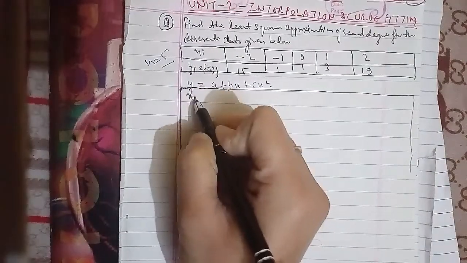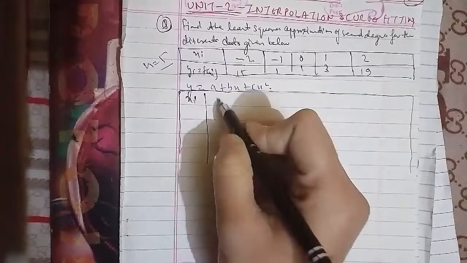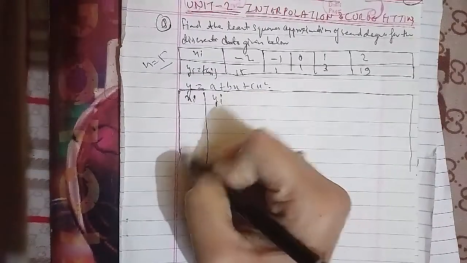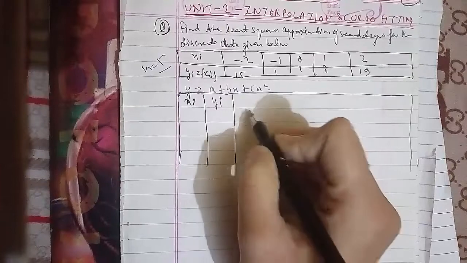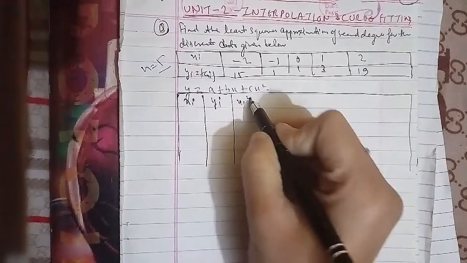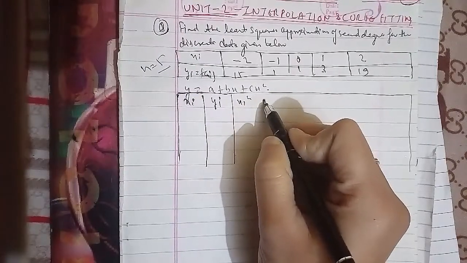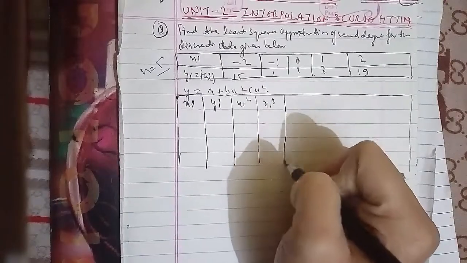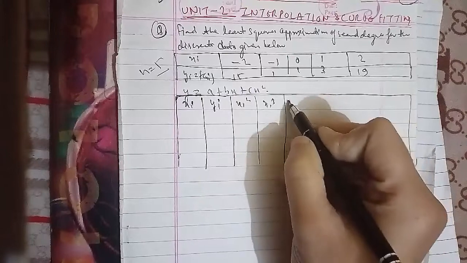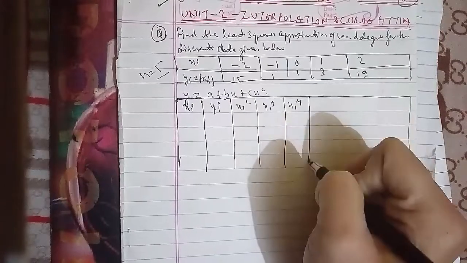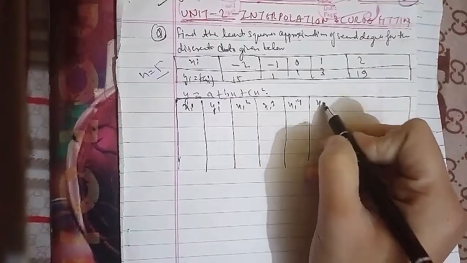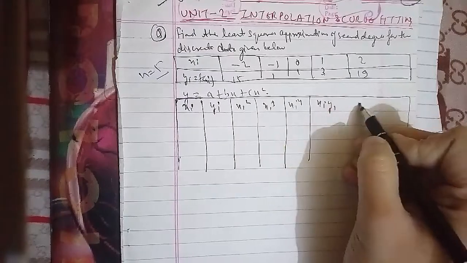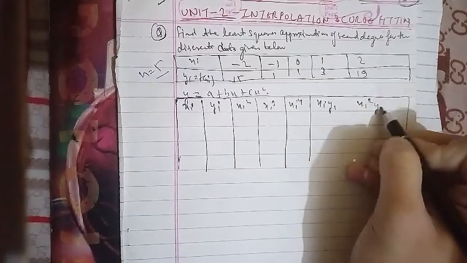This is your xi, yi, xi square, xi cube, xi to the fourth, xi yi, and xi square yi.